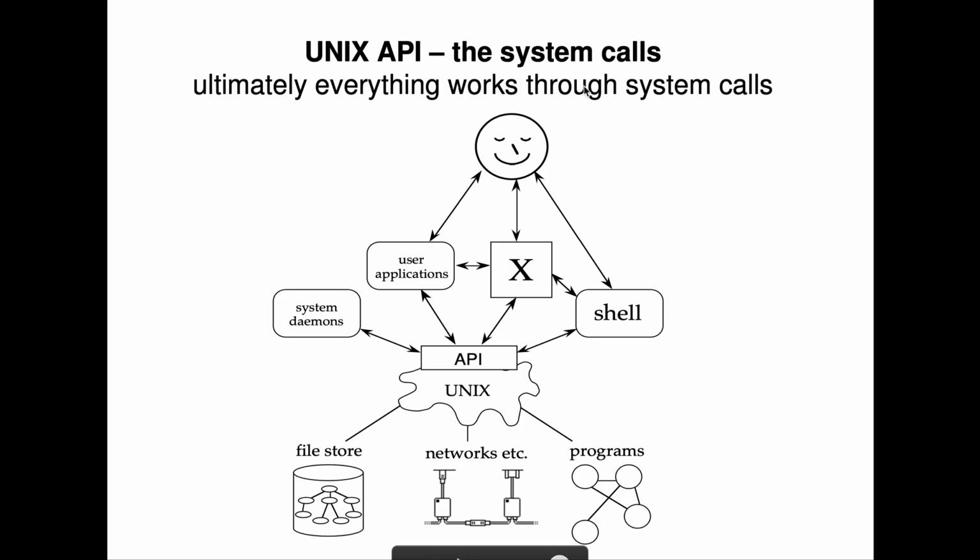For example, if you want to use the black window called the shell to list all the files in your disk, then the shell will issue an API call to Unix. Unix will go to file storage, read it, and return the list of files back to the shell. The shell will show it back to you.